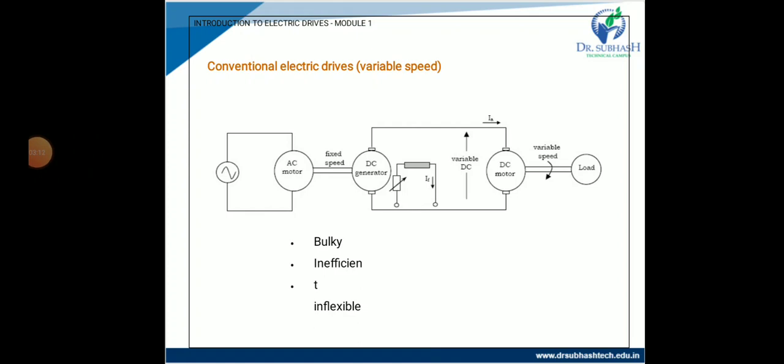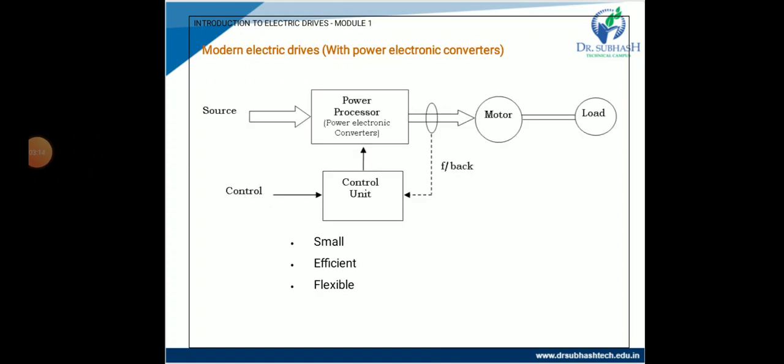So the next topic is the modern electric drive with power electronics converter. Here, with the application of power electronics, we can achieve variable speed easily. The source is directly given to the power processor, or we can say the power electronics converter. The variable power supply is directly given to the motor, and there is no requirement of a motor-generator set if we use power electronics converters.